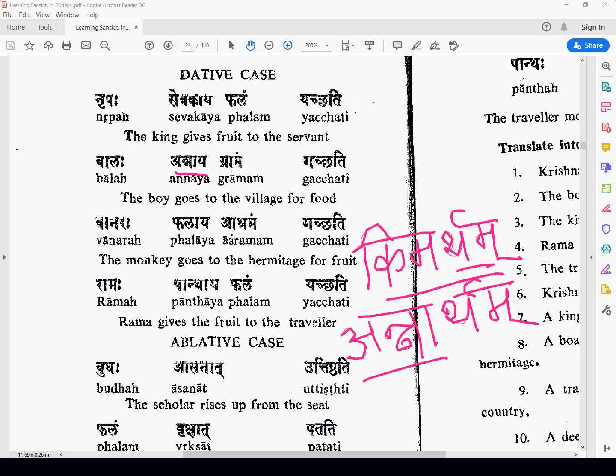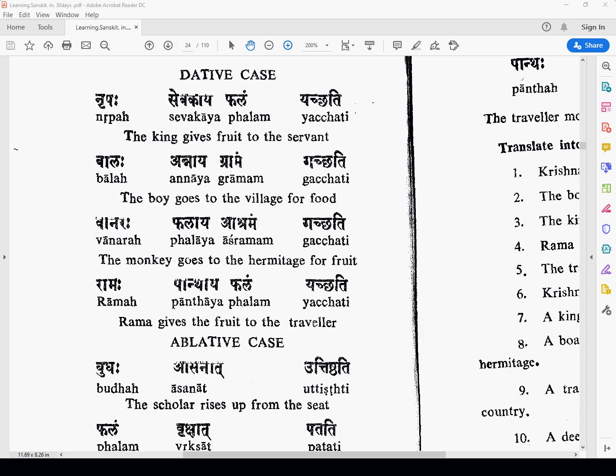Annam means food. Similarly, if we say Balaha to study, Pathanaya, Balaha Pathanaya Gramam Gachati. Pathanam is reading. If you ask Balaha Kimartham Gramam Gachati, Pathanaya, or we can also say Pathanartham. These are also common usages.